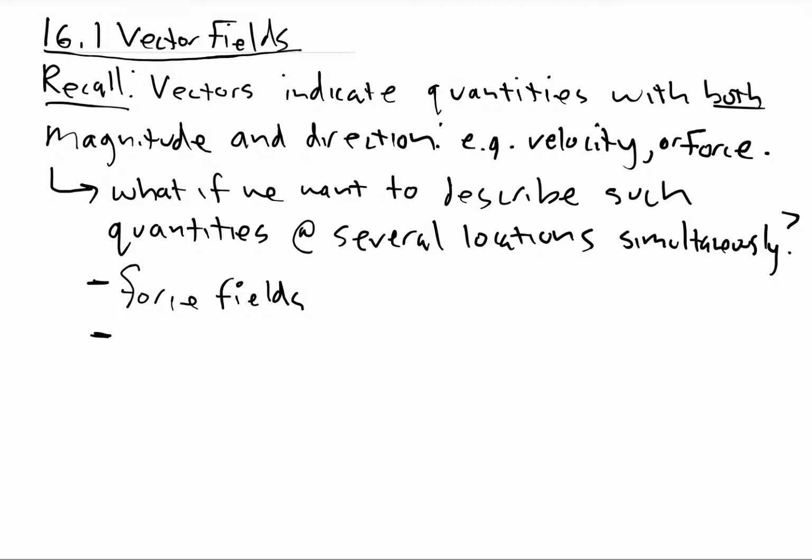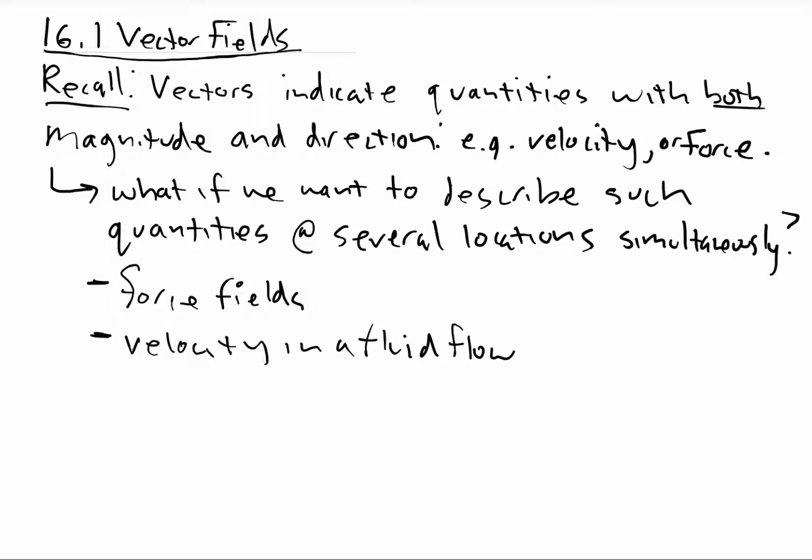Another case where we might want to describe multiple vectors existing simultaneously is velocity in a fluid flow. Lots and lots of money is spent investigating things like how airfoils work, how to make cars more aerodynamically efficient. We're investigating the speeds of air particles whenever you study those objects in wind tunnels.